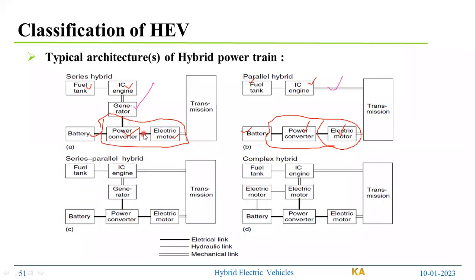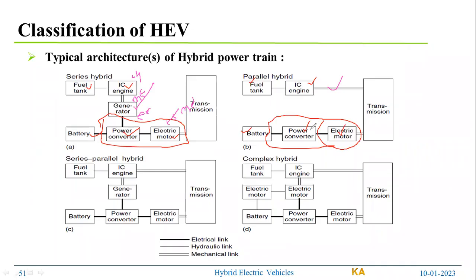For that capacity, I need to design a power converter. First, the IC engine converts chemical energy to mechanical energy. Then this mechanical energy is converted into electrical energy. Then this electrical energy is converted into mechanical energy. So there is a double conversion of energy happening in the series hybrid.